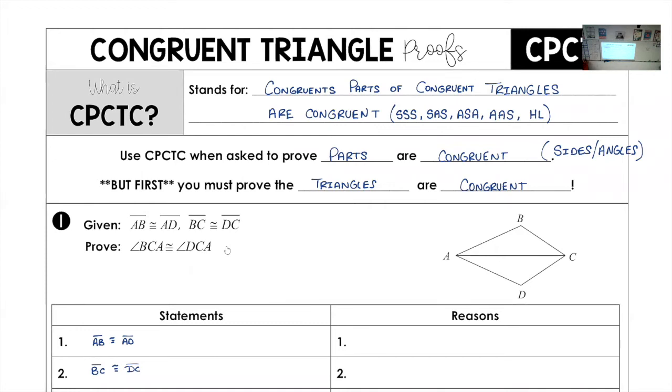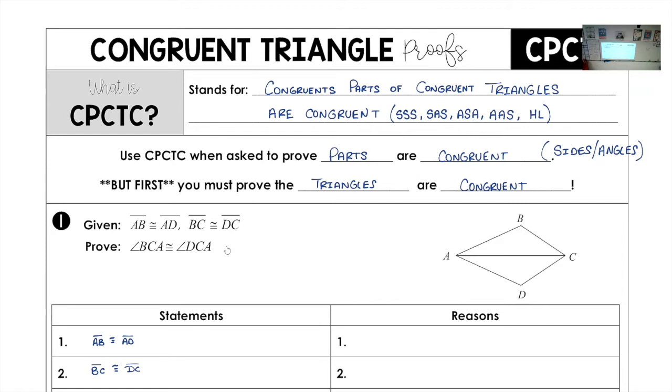Today we get to talk about CPCTC: corresponding parts of congruent triangles are congruent. We can use any of our 5 theorems, and once we get the fact that our triangles are congruent, we can use CPCTC to prove that parts of our triangle are indeed congruent.